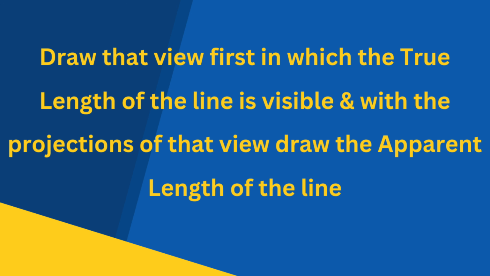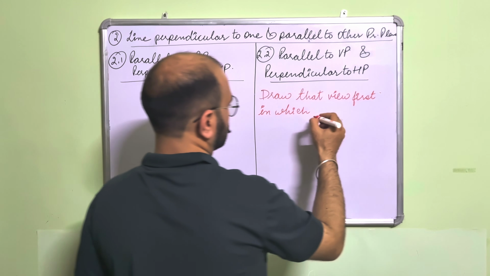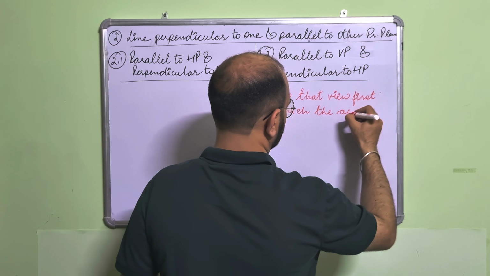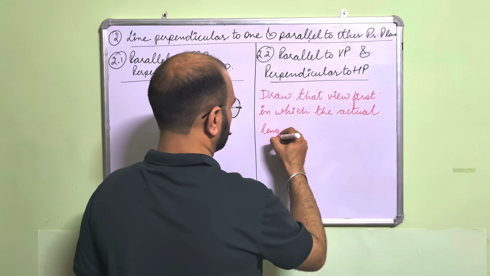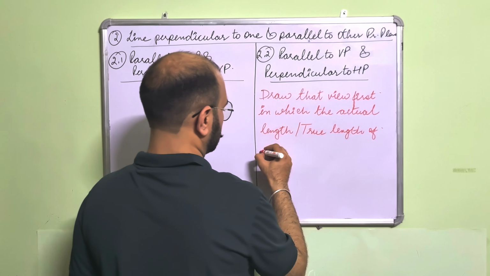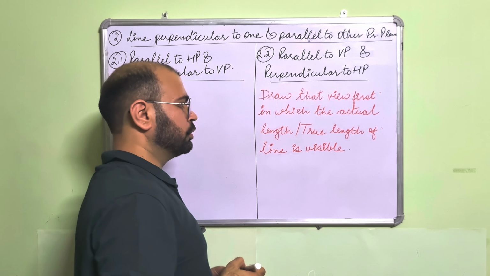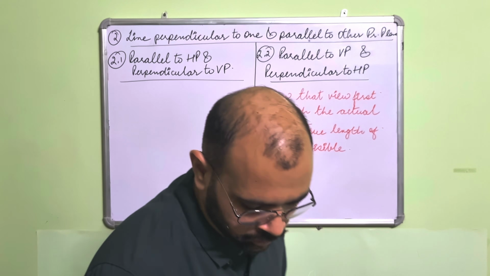Here there is one more rule that we follow. We draw that view first in which we are able to see the actual length or true length of the line. Let me write down this rule once: draw that view first in which the actual length or true length of the line is visible.